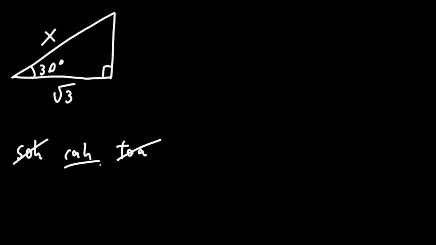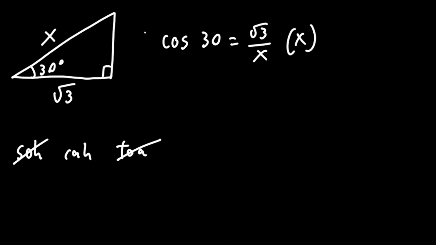So let's use cosine. Cosine of 30 degrees equals square root of 3, the adjacent side, over x, the hypotenuse. Now let's isolate x. Let's multiply both sides by x. This cancels out and turns into 1.